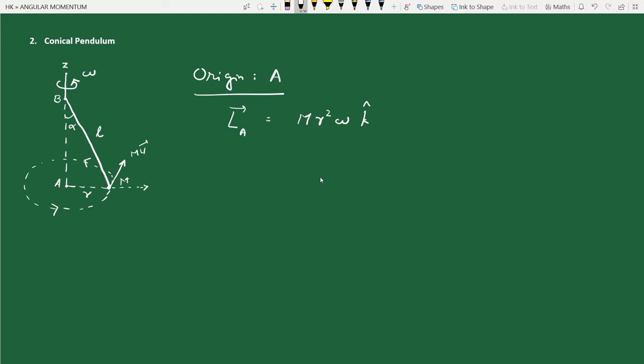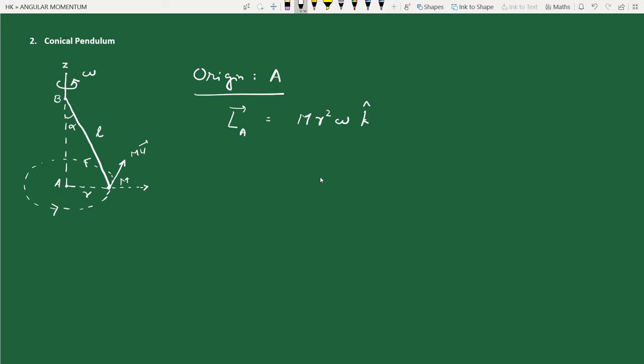R cross mv: you can see that both R and mv are in the xy plane, so R cross mv will be in the plus z direction, that is the k direction. The magnitude is the perpendicular distance to mv, which from A to mv is simply R, so R into mv, or mvr, and v is nothing but r omega, so m r square omega along the k direction.